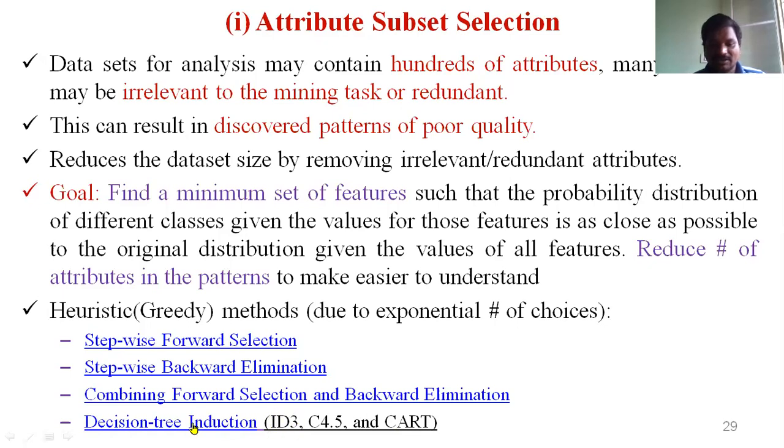The decision tree uses methods such as the ID3 algorithm, the C4.5 algorithm, or ID3 iterative dichotomizer. C4.5 is an advanced version of ID3, and then there is CART. These are all different approaches or methods for attribute selection.